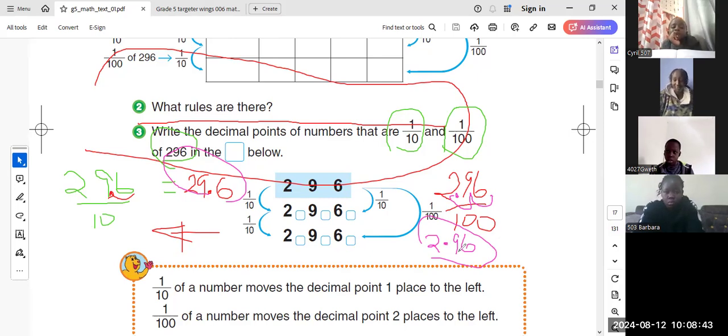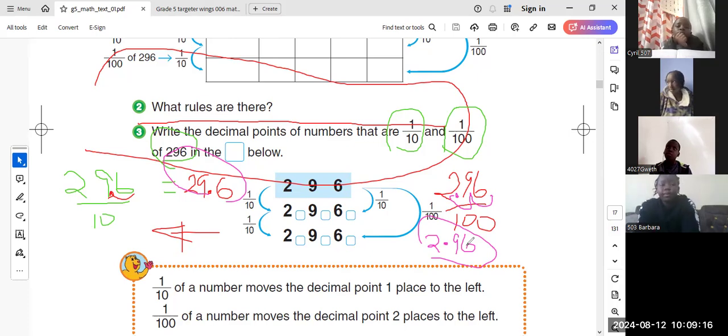So when you are dividing numbers, you move the decimal place from the right to the left according to the number you have been given. If it is 1/10, you divide by 10. That is 1 decimal place. If it is 1/100, you move it 2 places. If it is 1,000, you move it 3 places.